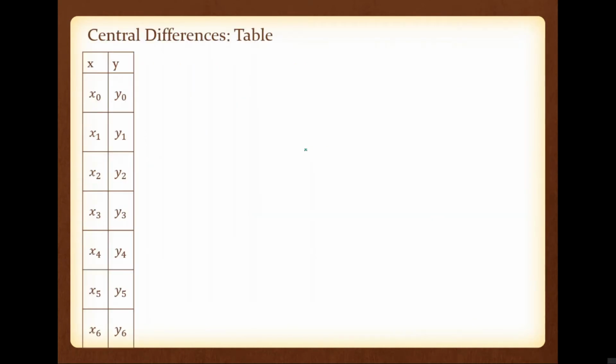Okay. So again, this is x0, y0, x1, y1, x2, y2, x3, y3, x4, y4, x5, y5, x6, y6. Later you can see that we have to take the middle point as x0, something like x3 or x2. We have to take it as x0 later. So if it is x0, the next one will be x1, the next one will be x2, and the previous ones we have to take as x minus 1, x minus 2, like that way we have to proceed.